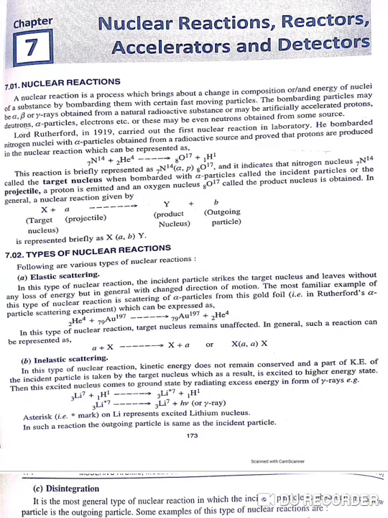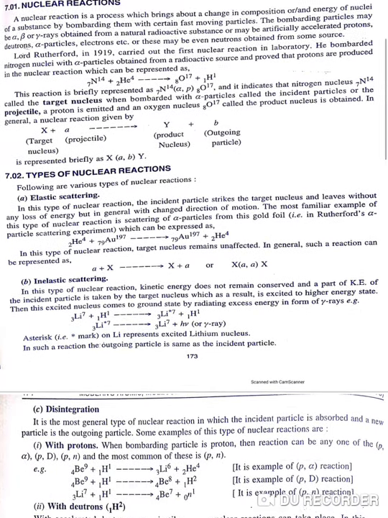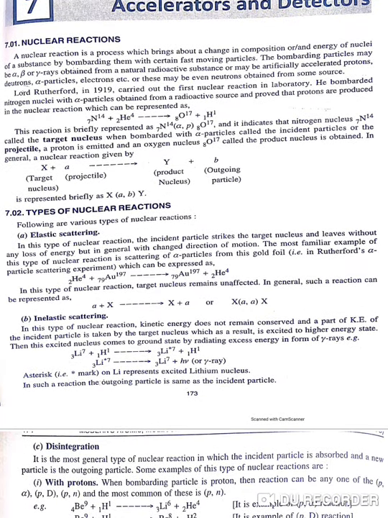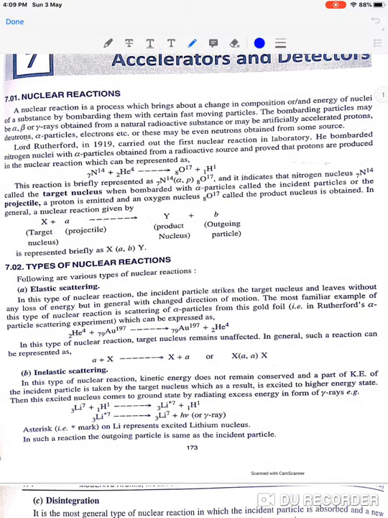Okay, so let's start. Now, for a nuclear reaction, this is your reaction in which nitrogen with an alpha particle converts into two different nuclei.